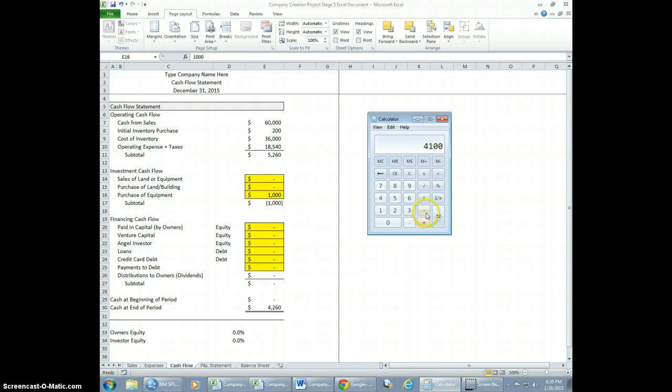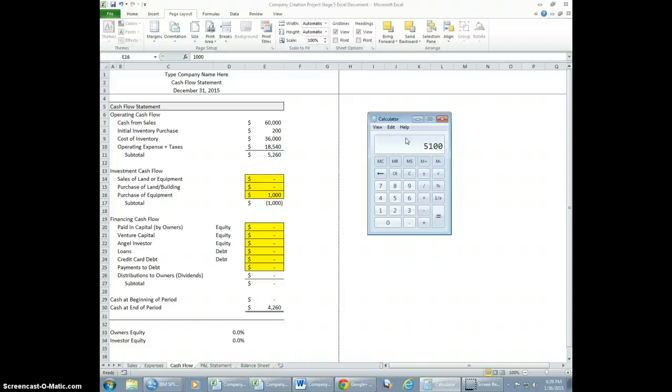So I'm going to add $1,000 to this initial startup capital. So this number is telling me that in order to start my particular fictitious company, I need to have $5,100 in money raised in order for me to realistically start operations of my company.